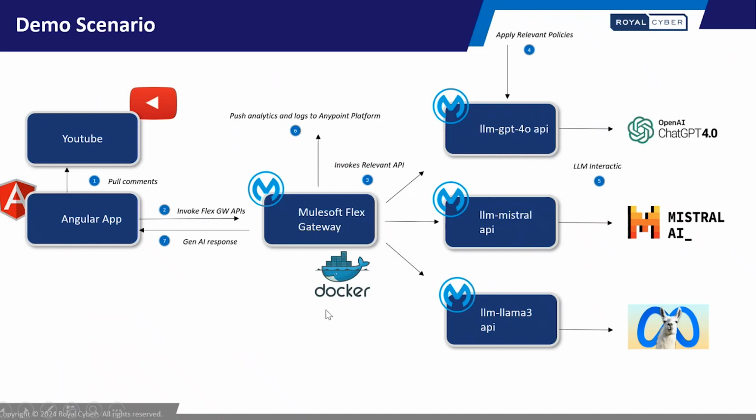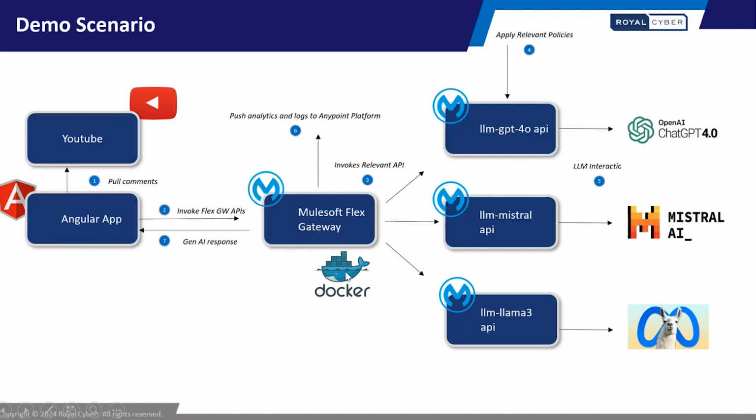So how this will work: we have built an Angular app that receives as input a YouTube video URL. The Angular app then pulls the comments on that video and forwards those comments to MuleSoft Flex Gateway, which is running in this case as a Docker service.